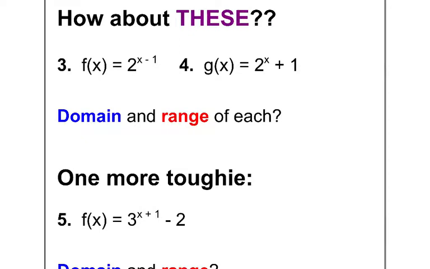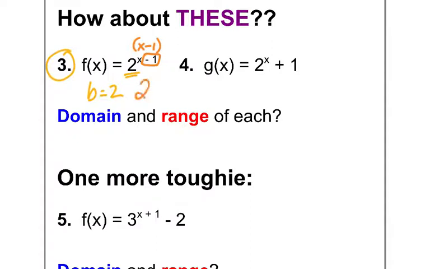Let's try number 3. Okay, first of all, there's a lot of stuff on there, but can you figure out what the base is? The trick is the base is always the one that you're raising to a power. And here I'm raising 2 to the power of x minus 1, so my base would be the 2. But now, do you see all this extra stuff over here? What is that? Do you see how that's up next to the x? That's basically raising 2 to the x minus 1 power like that.